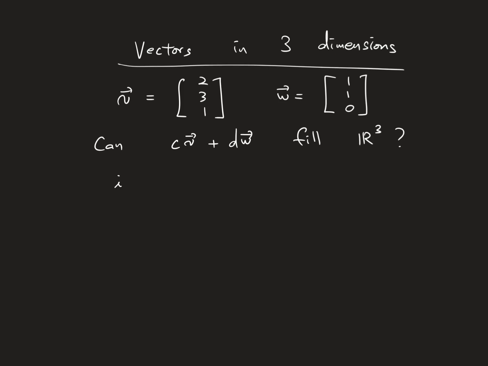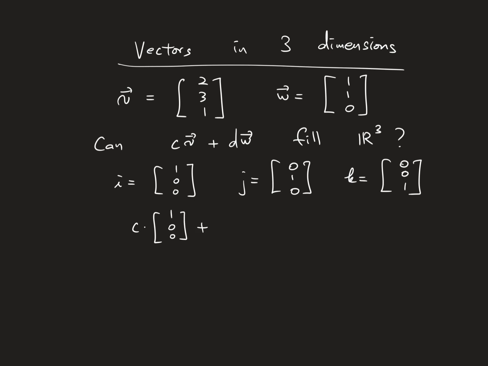So if we have these 3 vectors, 1, 0, 0, 0, 1, 0, and 0, 0, 1, what will happen? For example, if we have a linear combination like this, C times I plus D times J, and E times K, then we can have CDE.